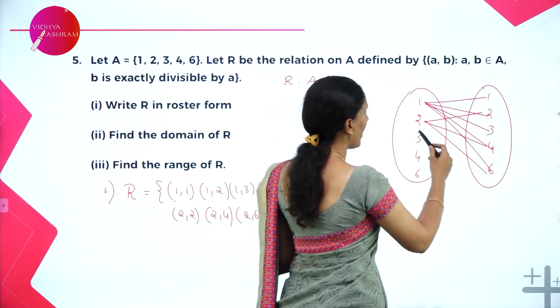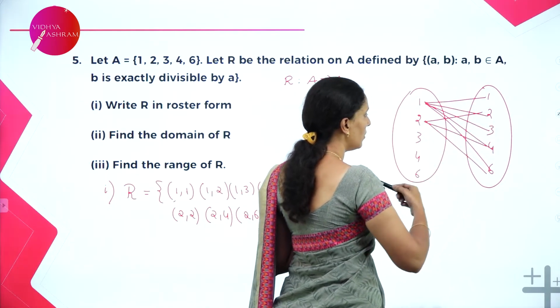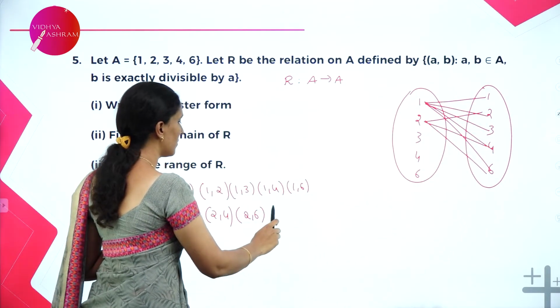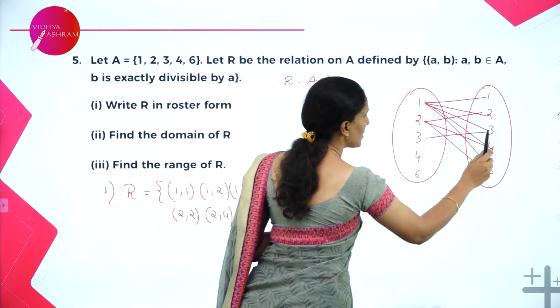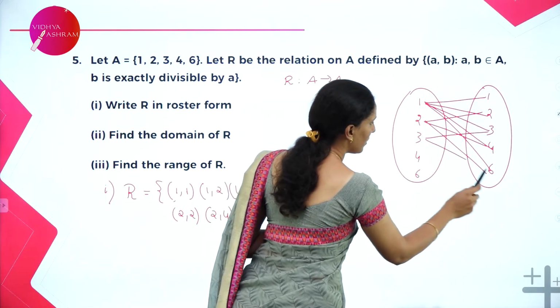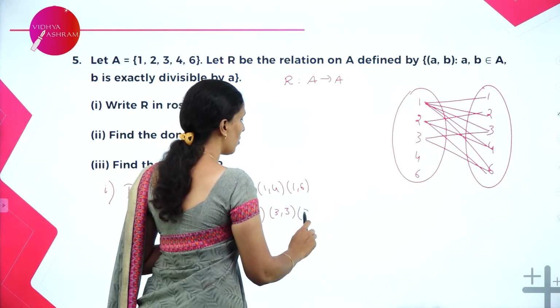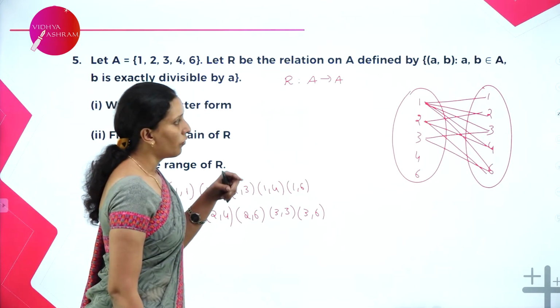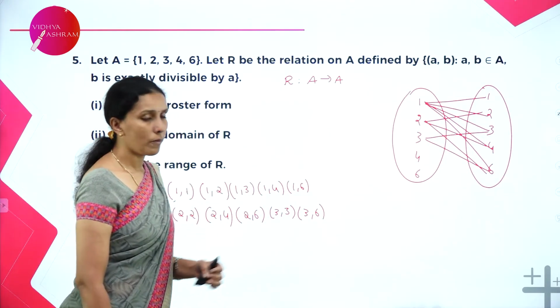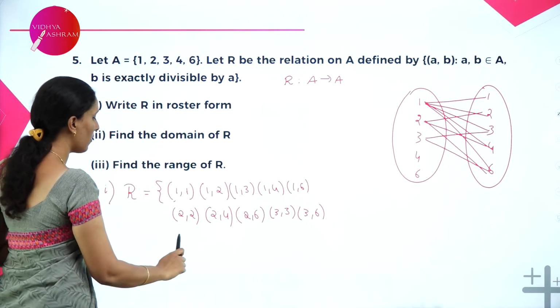Next, I can't write 3 comma 1 or 3 comma 2. I can write 3 comma 3, so 3 comma 3 is possible. 3 comma 4 is not possible, but 3 comma 6 is possible because 6 is divisible by 3. Next I'll take 4: 4 comma 1, 4 comma 2, 4 comma 3 are not possible, but 4 comma 4 is possible.